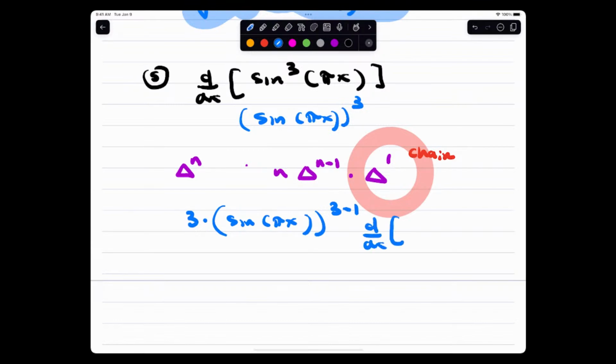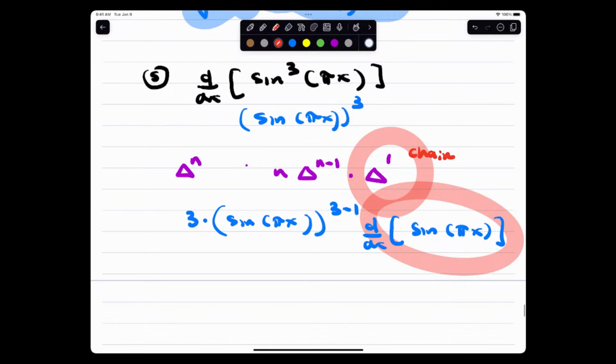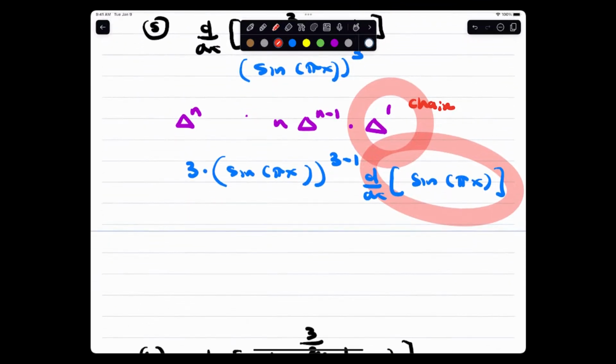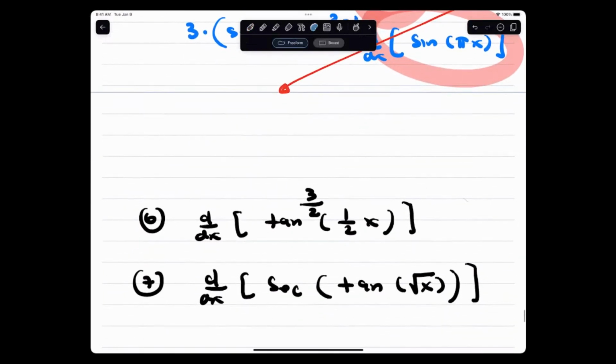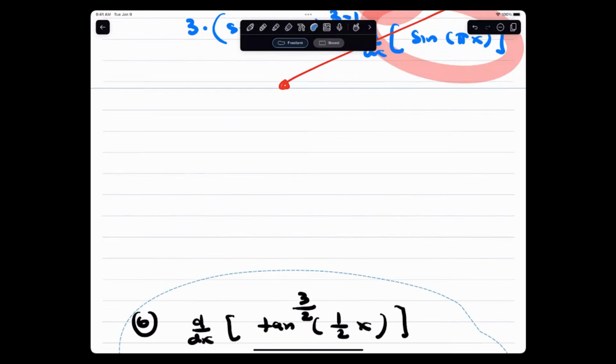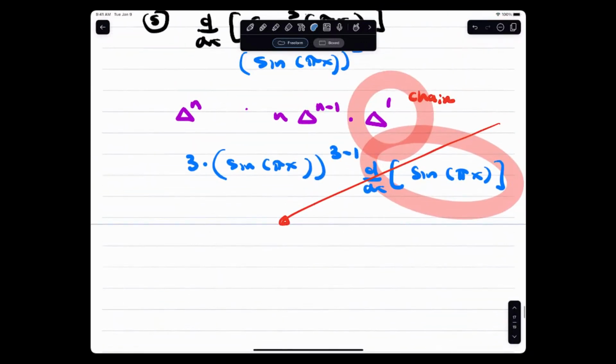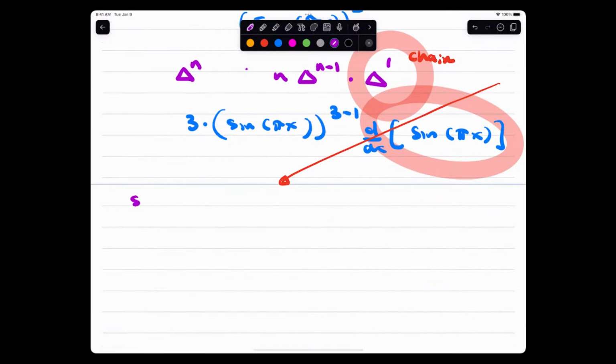Don't forget the chain. Sine what? Pi x. So do not forget your chain. But when you differentiate the chain, you're going to say, what is this? Well, you need to have another function, I think. I think we wrote this down last time.